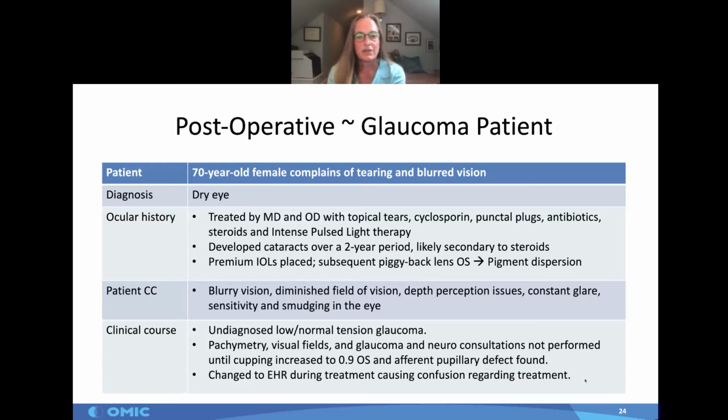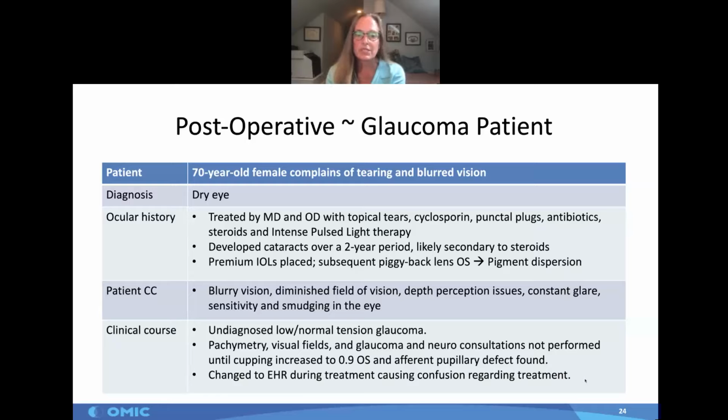This patient then developed pigment dispersion and problems with their intraocular pressure. The complaints were numerous: blurred vision, a diminished field of vision, depth perception issues, glare, sensitivity to light, and smudging of their vision in the left eye.